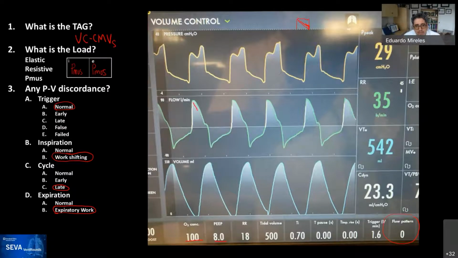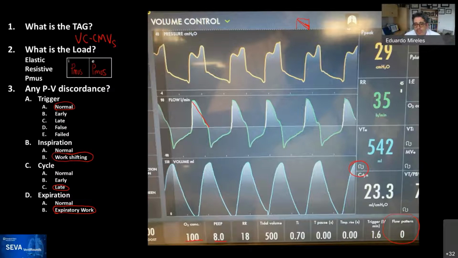Sorry, it would be a straight line. There you go, a straight line, and you're not seeing that. And something that we found out is that whenever there is this little circle here, that's the tube compensation and/or circuit compensation.